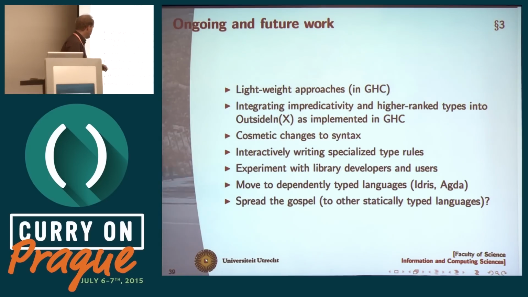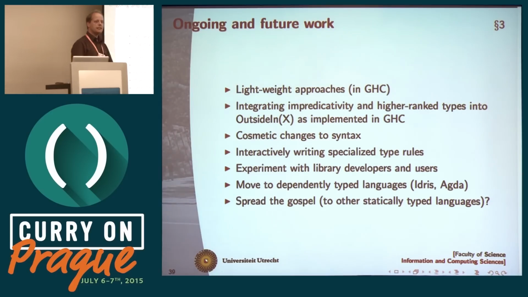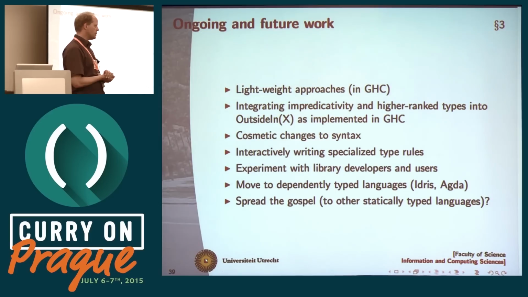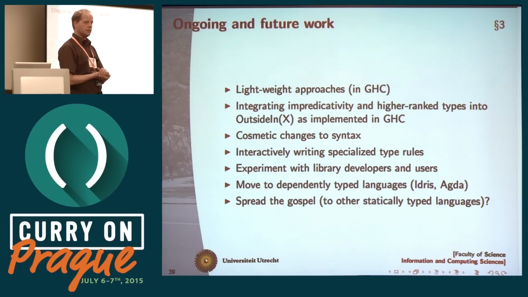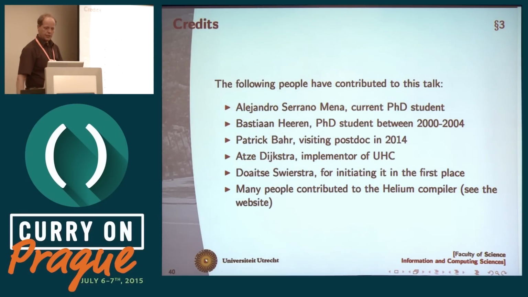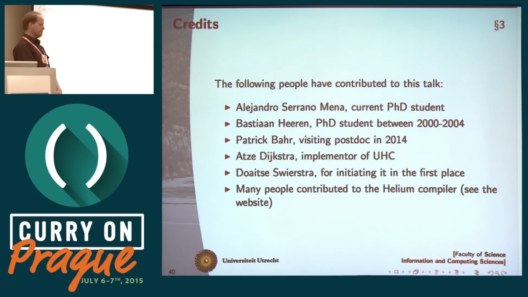We'd like to then experiment with library developers and users and move to dependently typed languages like Idris and Agda, because that's where the real improvements, I think, can be made. And spread the gospel, of course, further to any language that is interested. Scala, maybe, I don't know. So I think that's it, and I'll leave you with the credits of people that have contributed to all of this work, and I thank you.